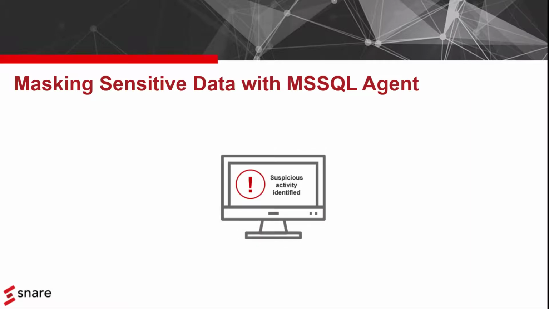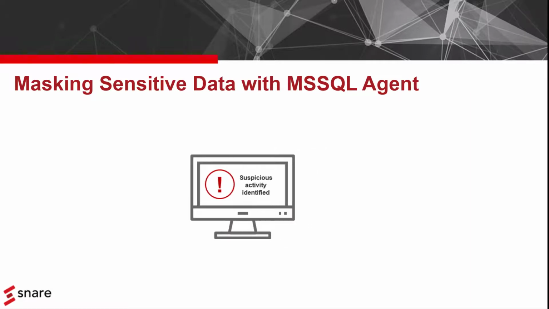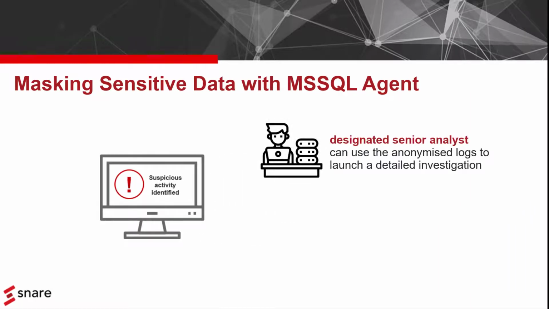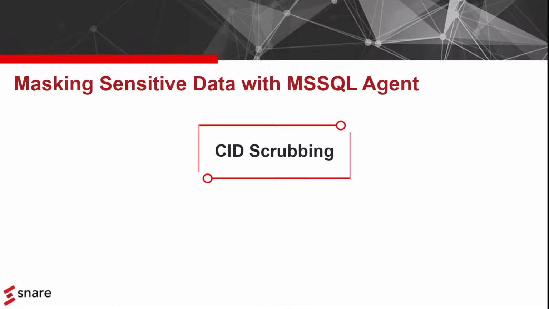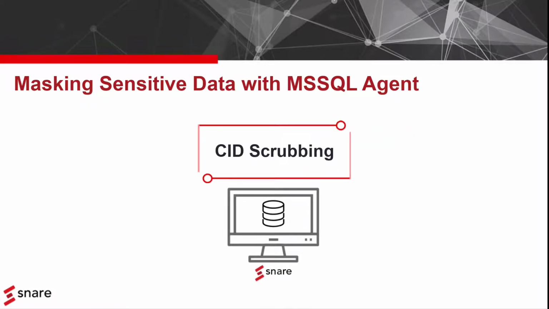Obviously, once suspicious activity is identified, designated senior analysts could use the anonymized logs to launch a detailed investigation, but your regular analysts would not have access to sensitive data. Also, you won't have to worry if your reports are sent over insecure channels or where they are stored to comply with GDPR regulation. The good news is this is exactly what you can achieve with the CID scrubbing functionality of Snare Agent for Microsoft SQL.